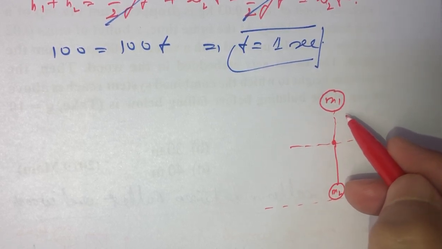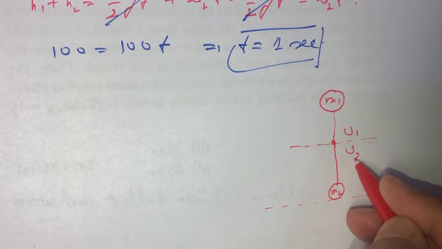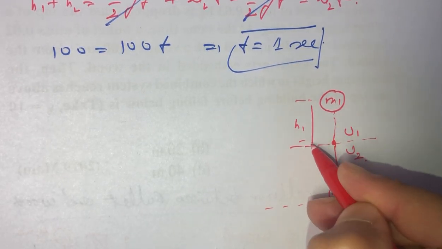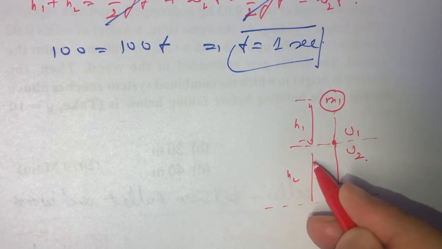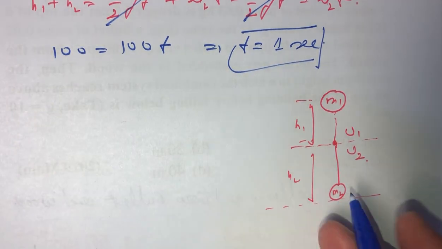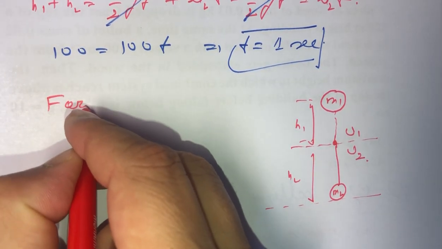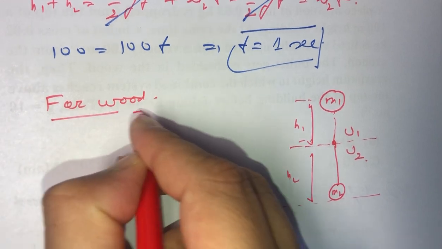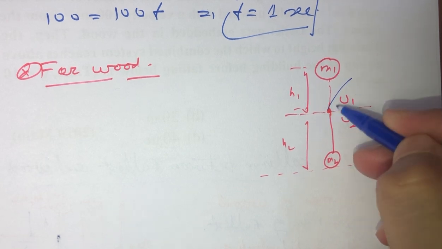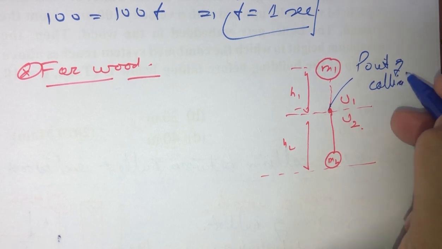So m1 just before collision has a velocity of v1, and m2 just before collision has a velocity of v2, and the height we already said is h1 for m1 and h2 for m2. So this is the point of collision.